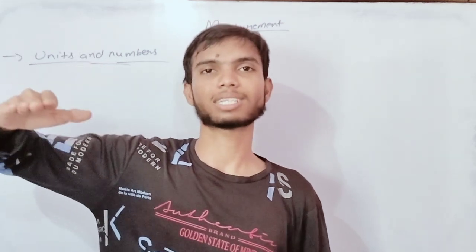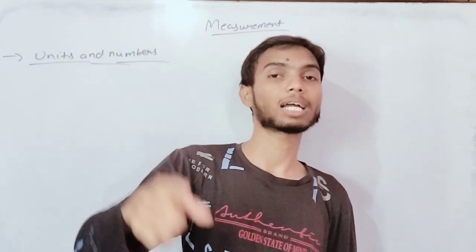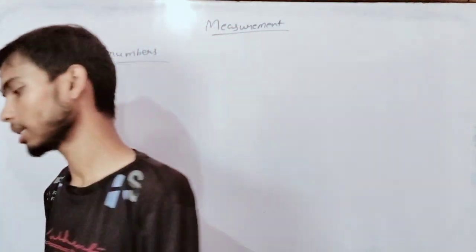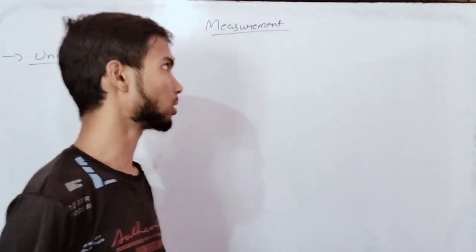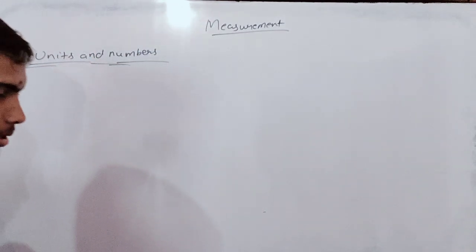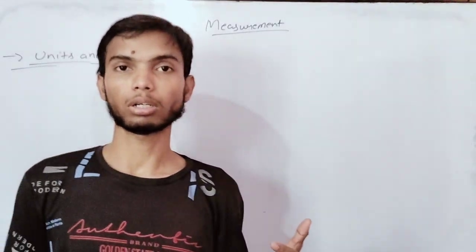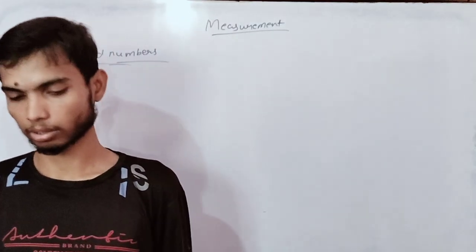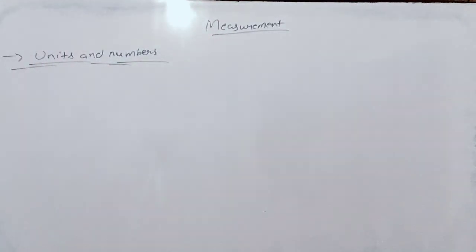So inch is for height, clear? So inch is directly telling you that the height of something is being measured. Clear? So you always tell the measurement of anything with a number, with a unit. Clear?